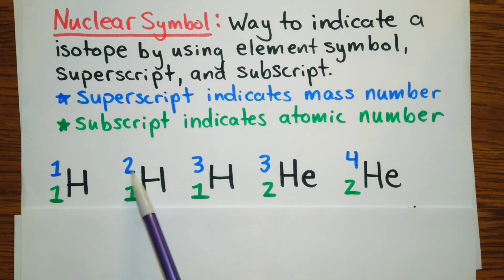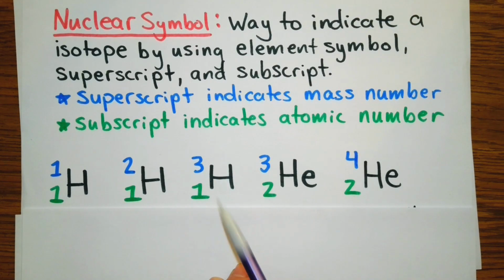Okay, hydrogen 2, it has 1 proton because it's still a hydrogen isotope, and it has 1 neutron because 1 proton plus however many neutrons gives us 2. 1 plus 1 gives us 2. Hydrogen 3, also known as tritium, 1 proton plus 2 neutrons give it a mass of 3.